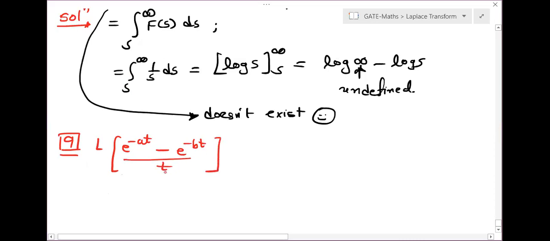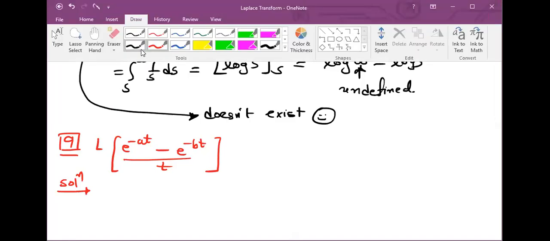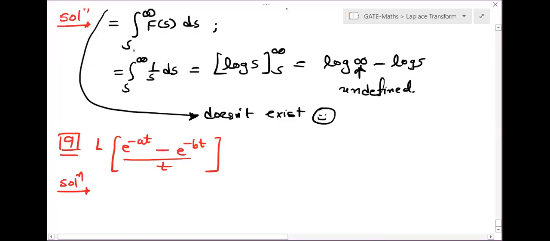So how can we find this? If we are having this Laplace of e to the power minus at minus e to the power minus bt divided by t.